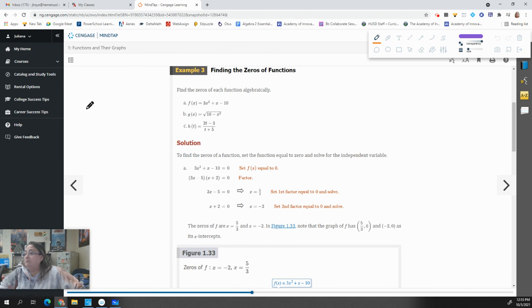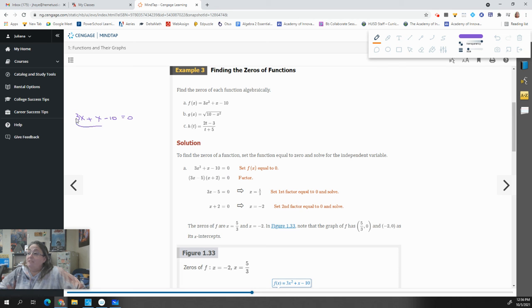If I do 3x squared plus x minus 10 equals 0, and I want to factor this out to figure out what my factors are, because if I make this factor 0 or this factor 0, the whole thing becomes 0, because of the zero product property.